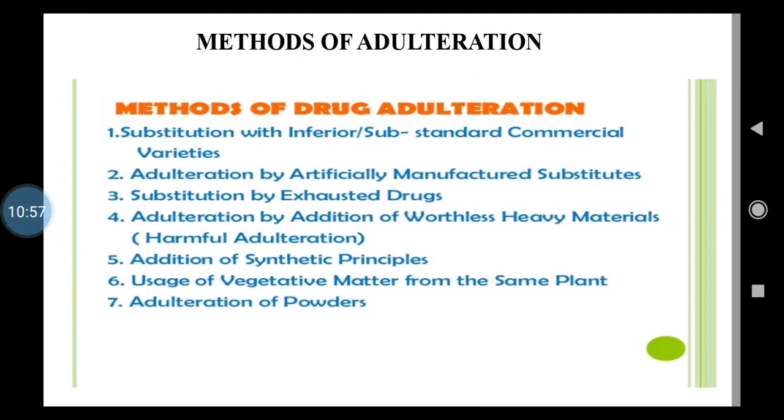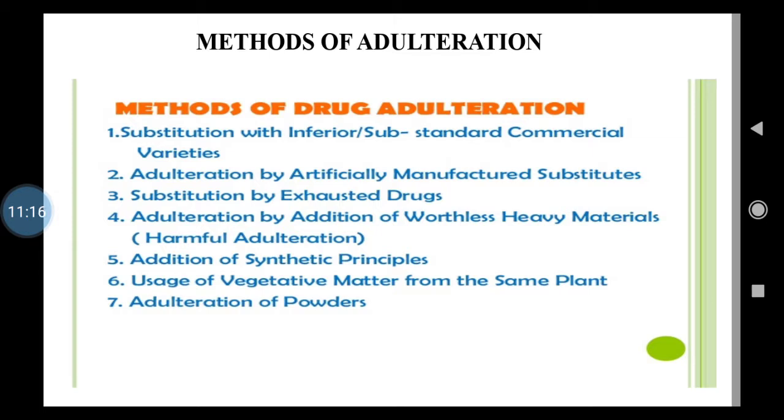We will now see the different methods of adulteration. First, I will let you know about seven methods, and one by one we will then discuss them in detail with important examples.